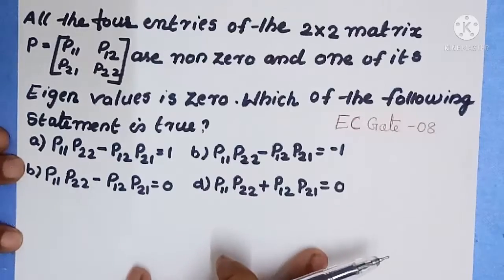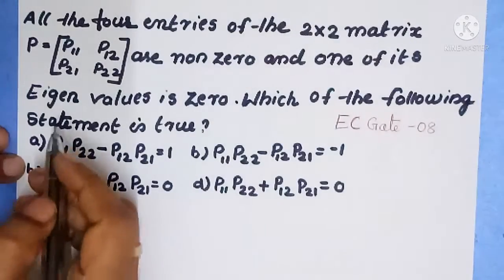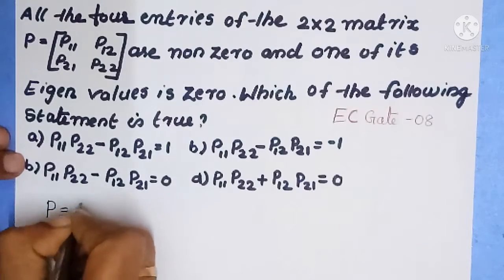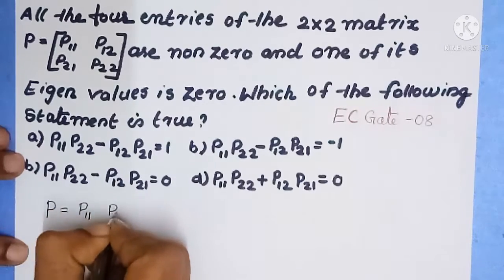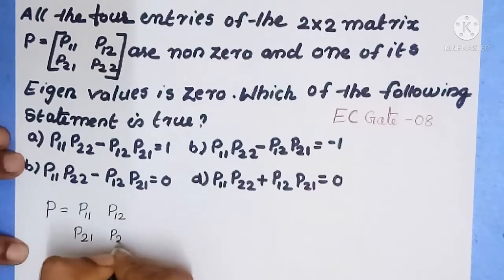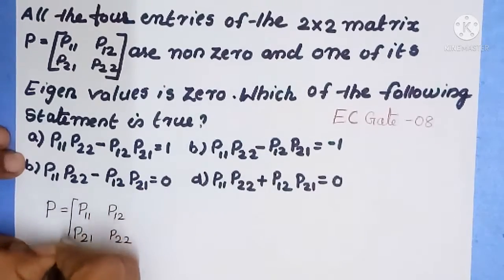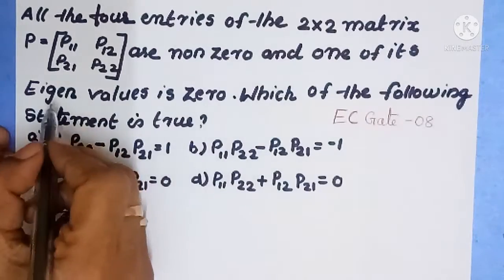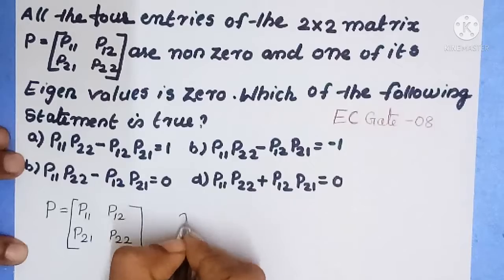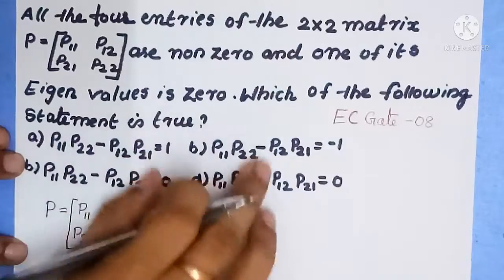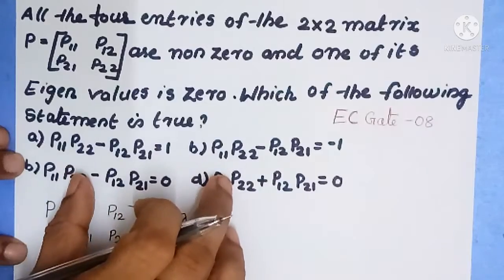Okay, here we have a matrix P. Here we can write P is equal to P11, P12, P21 and P22. Also, they are given that one of the eigenvalues is 0. That means lambda should be equal to 0. Then we should find the true statement from these four statements.